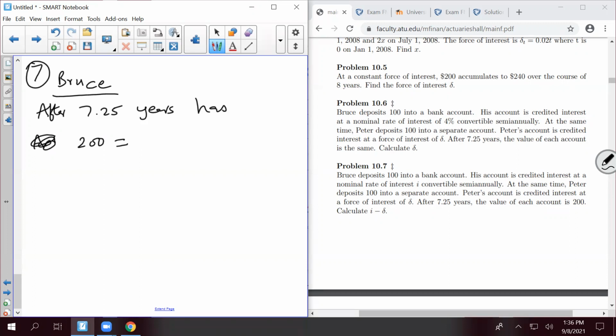And what is that in terms of the principal and the rate? So 100 is his principal, and it's a nominal rate of interest I converted semi-annually. Normally, if it was annual, then it would be 1 plus I, but now it says it's converted semi-annually, so it'd be I by 2. And how many semi-annual periods are there? 2 times 7.25.